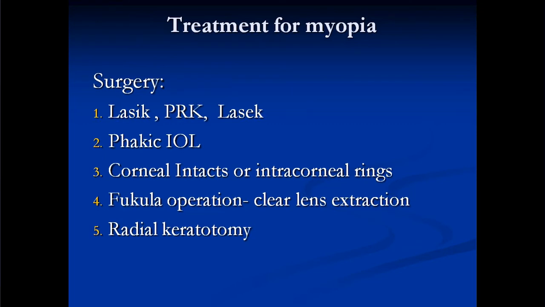So we have three types of surgery with lasers, that is LASIK, PRK and LASEK. There are slight variations in these. Suffice it to say that if the cornea is thin, less than 400 microns (you know the corneal thickness is anywhere around 400 to 500 microns), so if the corneal thickness is less than 450 or 400, they are advised LASEK, that means epithelial keratomileusis, laser assisted epithelial keratomileusis.